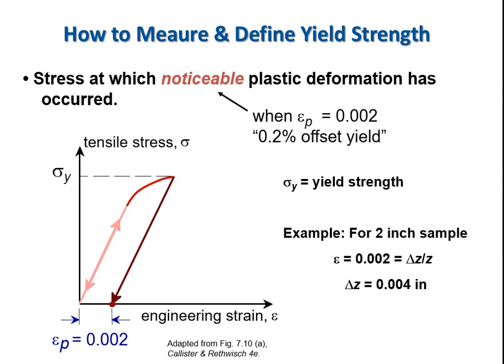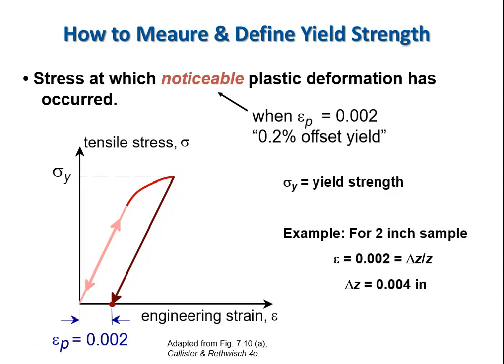The important thing to remember is to measure over that 0.002 and to not draw a line vertical from that point, but to draw it parallel to the elastic portion of your measured curve. So you're gonna draw it with the modulus slope included.